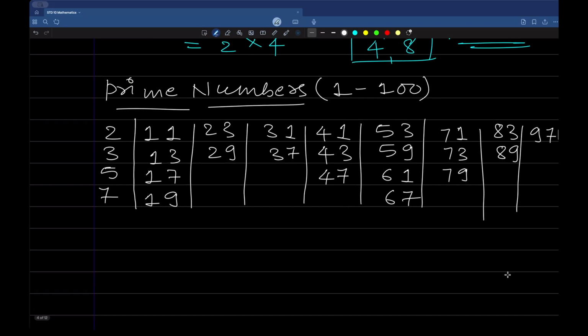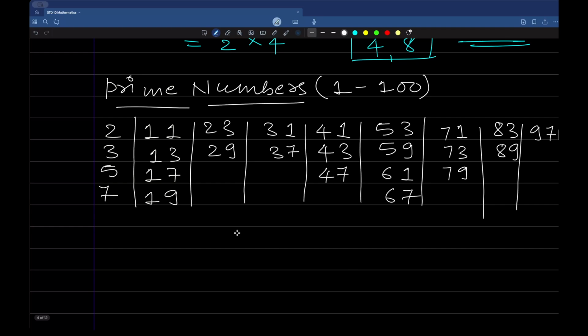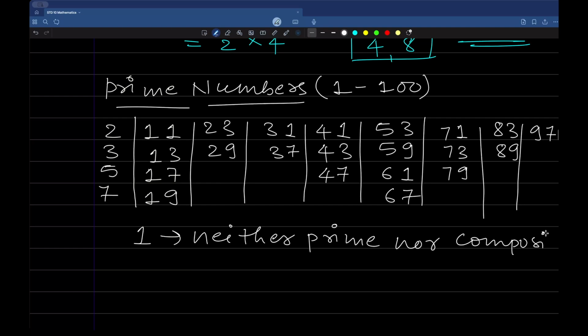These all are the prime numbers between 1 and 100. 1 is neither prime nor composite.